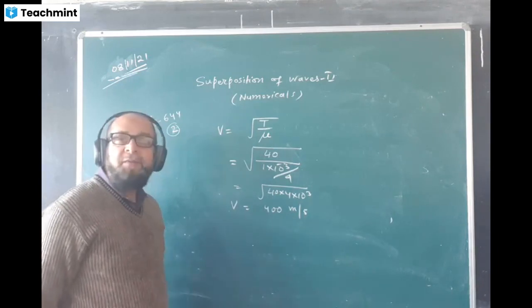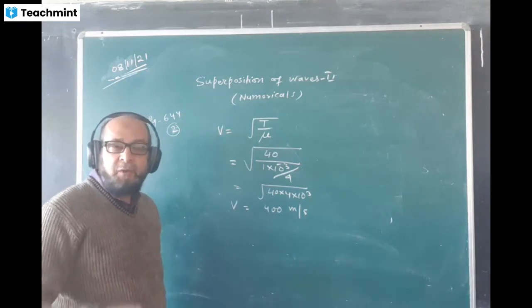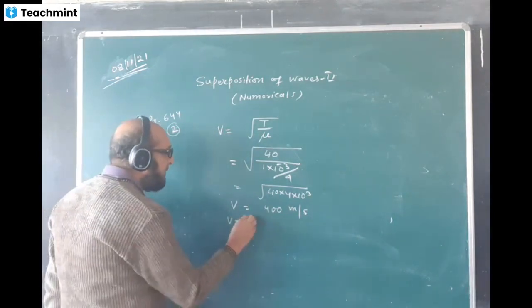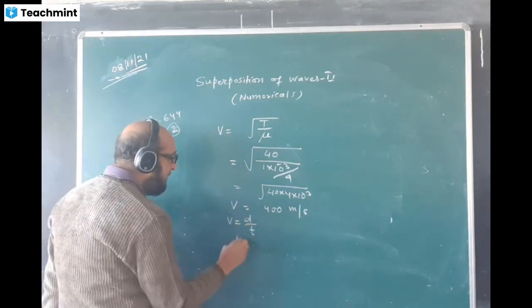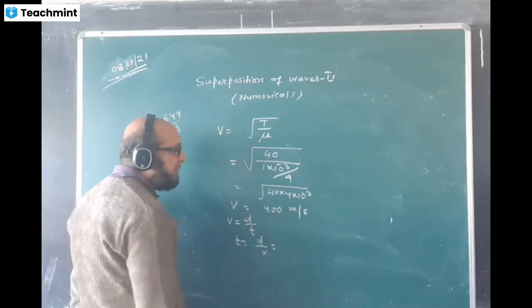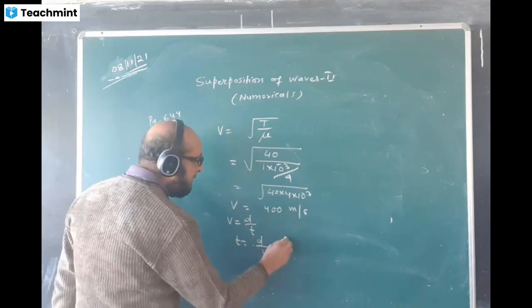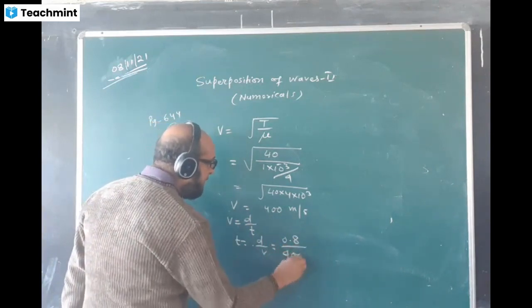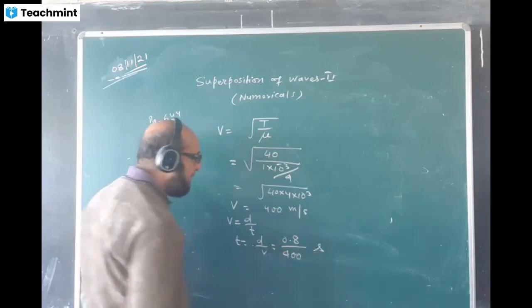Okay. If they ask you to find time, this is the velocity basically it will travel. So velocity is equal to distance by time. Therefore, time value will come distance by V. Distance traveled is the length of the string, which is given 80 centimeters. That means 0.8 divided by 400. This much seconds.